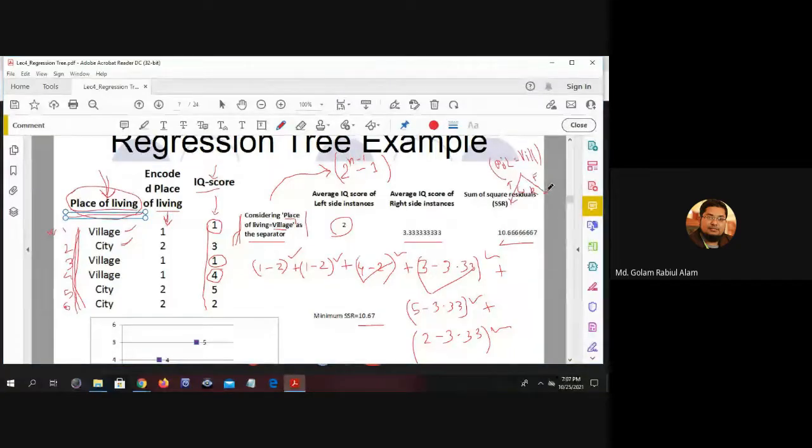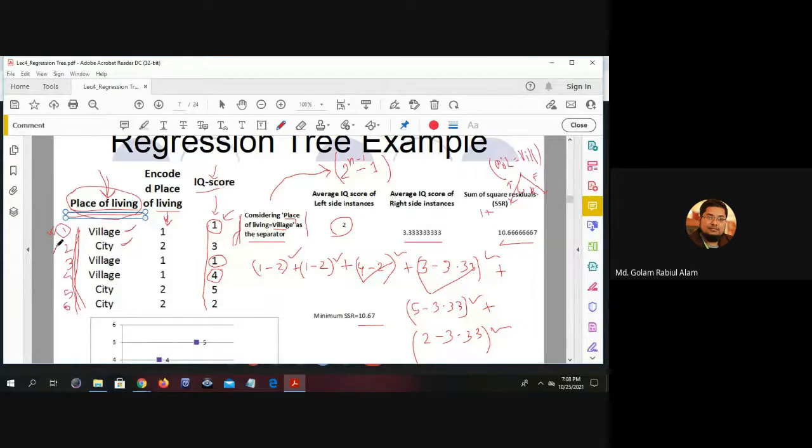In such a case, for the first observation, the place of living is village, so the IQ score is 1.